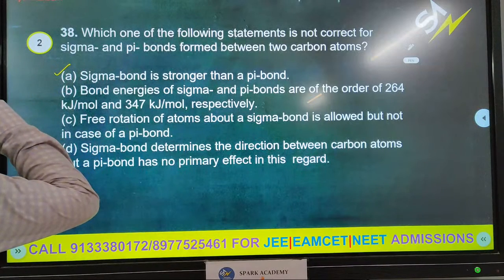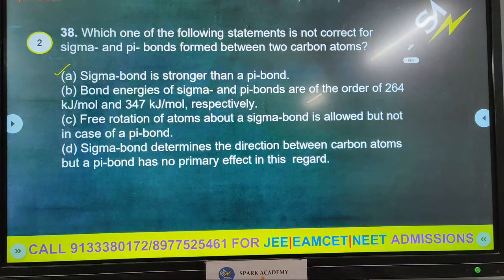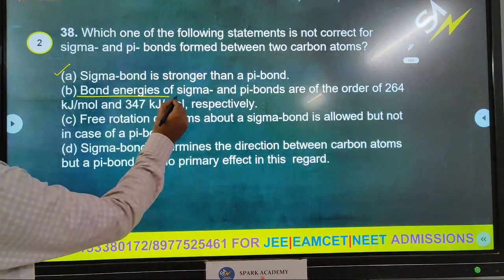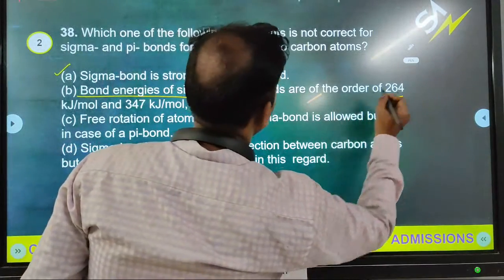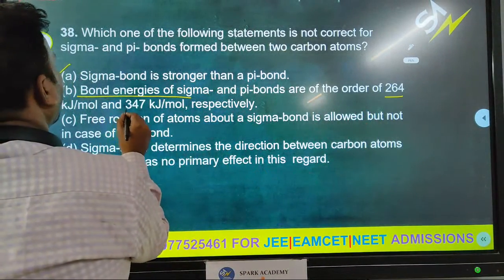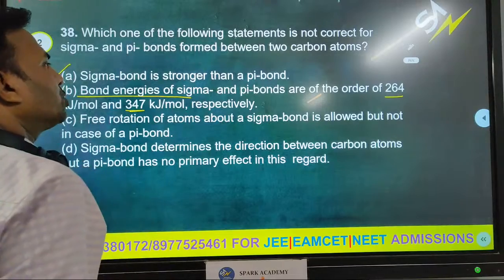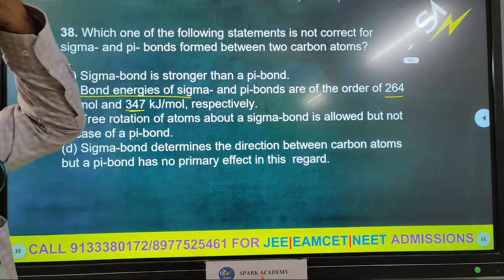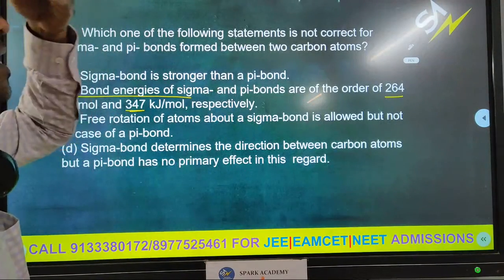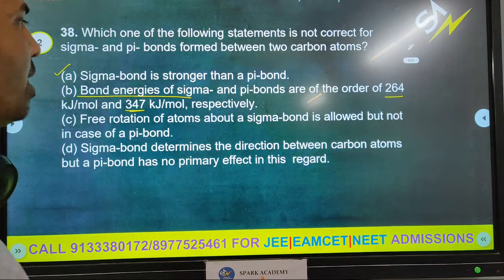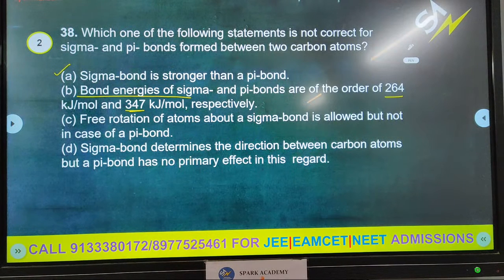Not correct, next: bond energies of sigma bond and pi bond. They gave the bond energy of sigma bond as 264 and pi bond as 347. The units are kilojoules per mole. So sigma is 264 and pi is 347.